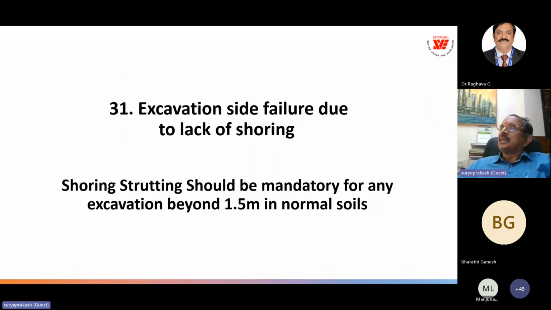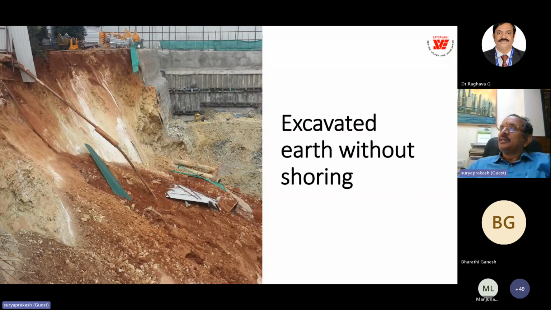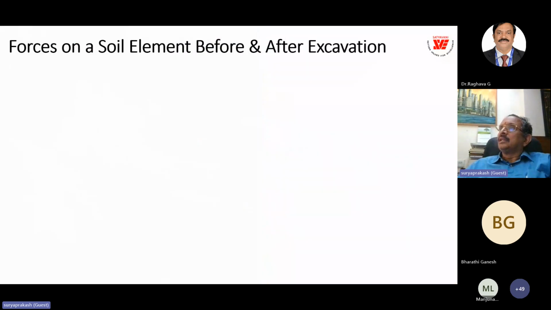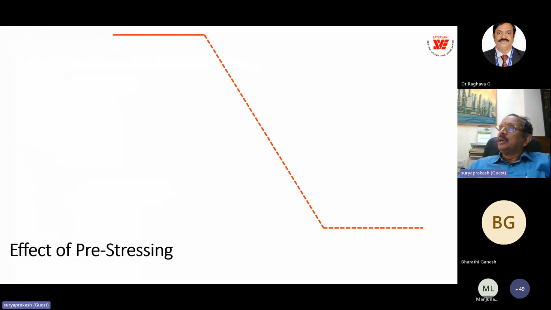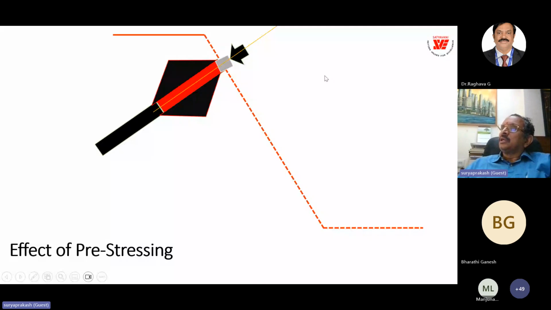Next is the excavation site failure due to lack of shoring. This is the thing that I have shown in the beginning also, excavated after. Next is, when we do the excavation, this is what we call an active anchor.